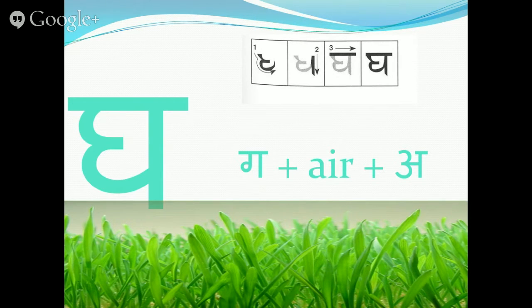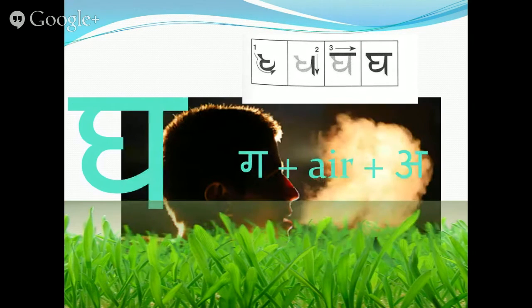Now, here's the new one. Gha. Now this is G with air at the same exact time, followed by a. So remember, it's the same exact time. It's not ga-ha, it's gha. At exactly the same moment, both the sound of the G and the air will come out from the throat.